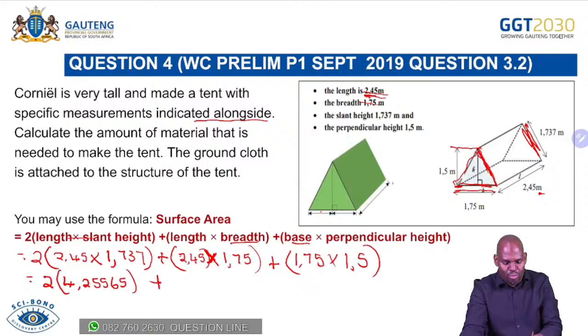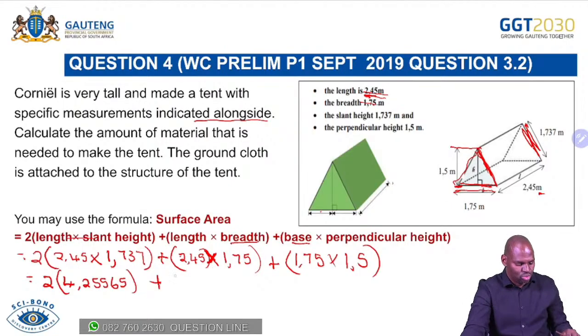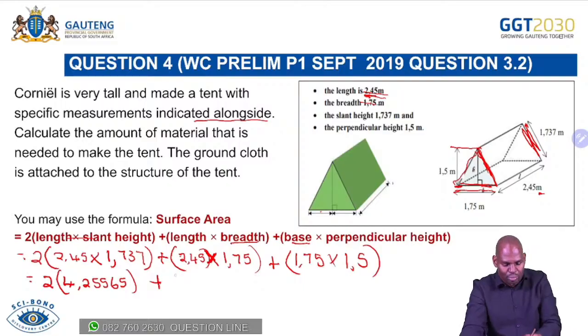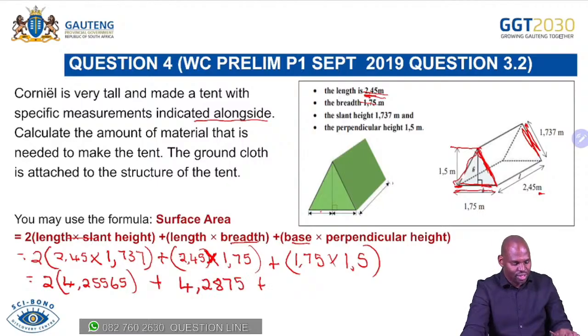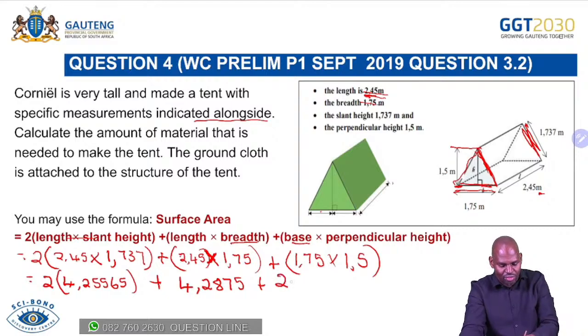So this one, 2.45 multiplied by 1.75, I get 4.2875, plus 1.75 multiplied by 1.5, and then this is 2.625.